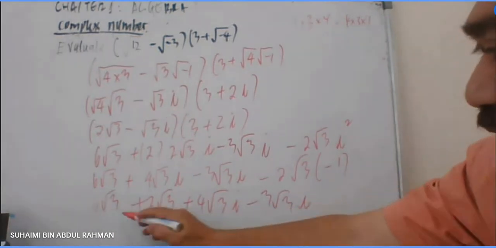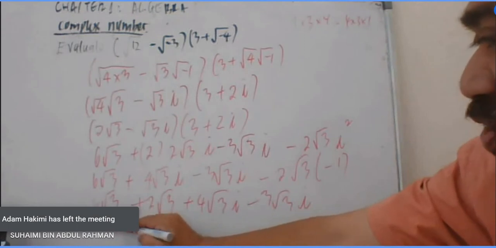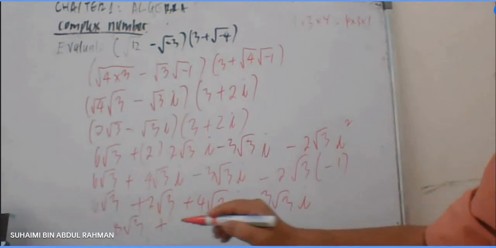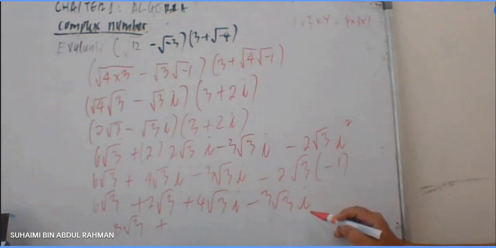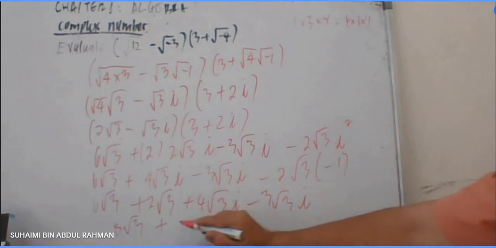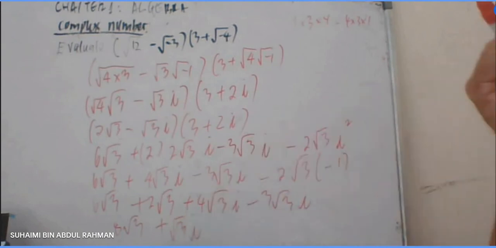So 6 square root of 3 plus 2 square root of 3 is 8 square root of 3, plus 4 square root of 3i minus 3 square root of 3i. So 4 minus 3, 1. So just square root of 3i. So 8 square root of 3 plus square root of 3i.